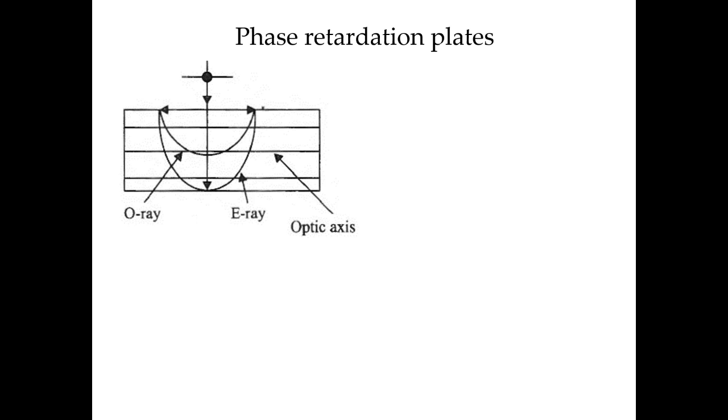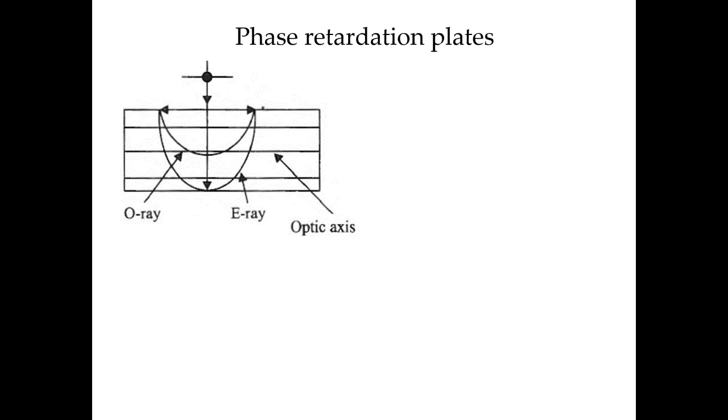Now, the fast moving ray is the ordinary ray in positive crystals and the extraordinary ray in negative crystals. So, a phase difference will be generated between the ordinary ray and extraordinary ray on emergence from the plate, depending upon the thickness of the plate.